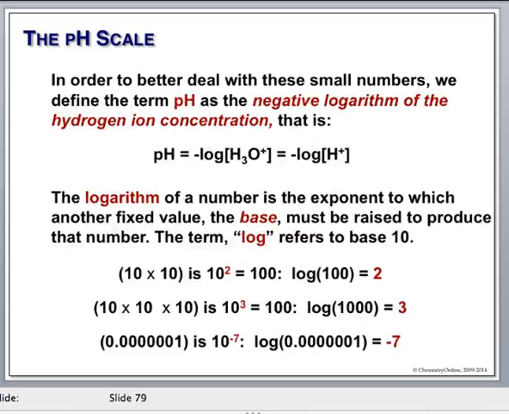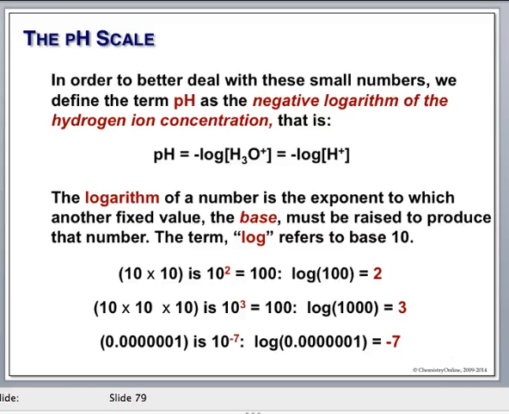Now, let's just remember back to 5th grade what a logarithm is. A logarithm simply refers to an exponent. We're at base 10. Whenever you use the phrase log, that refers to base 10.